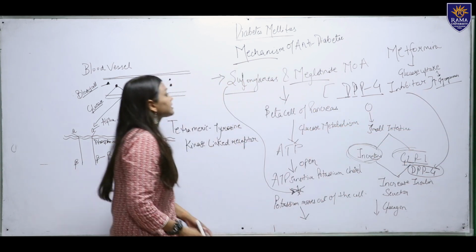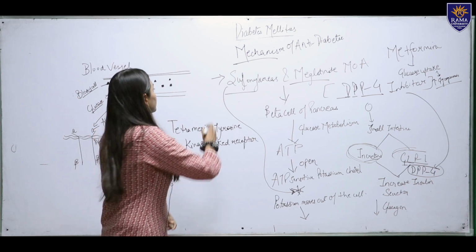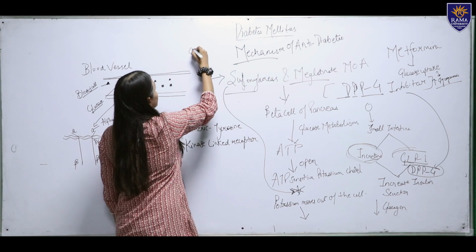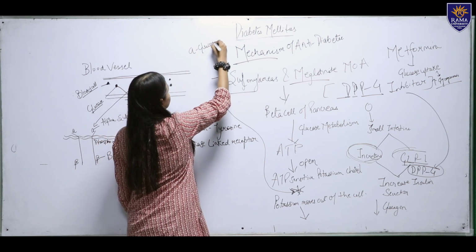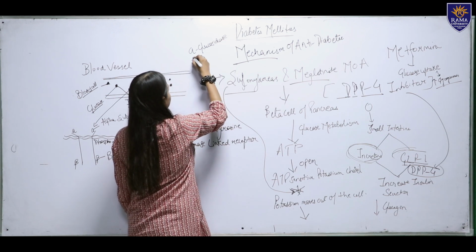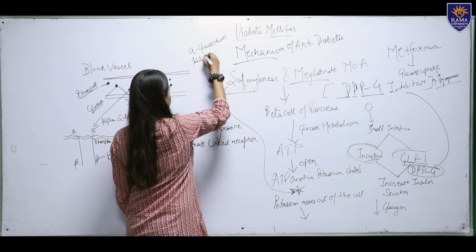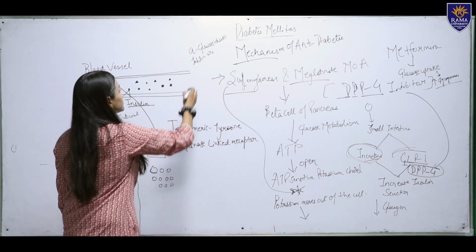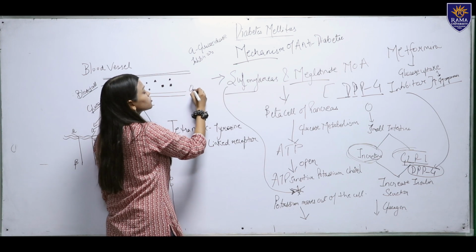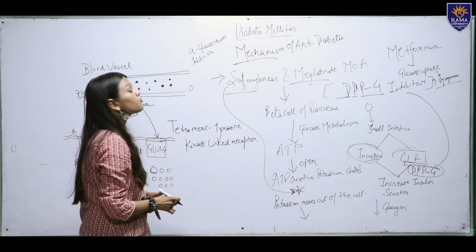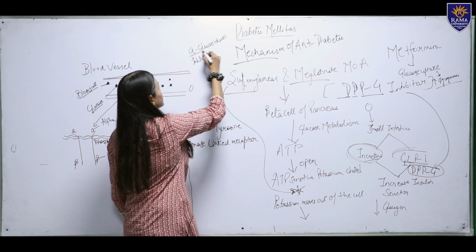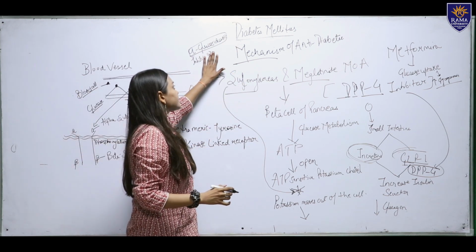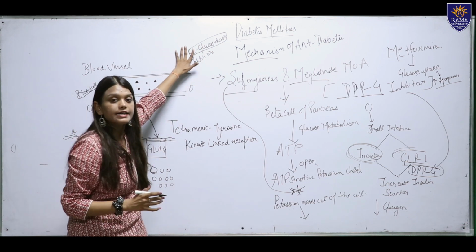Next, and the last drug, is the alpha glucosidase inhibitor. So basically, in this, what happens? Oligosaccharides get converted into monosaccharides in the presence of the enzyme alpha glucosidase.